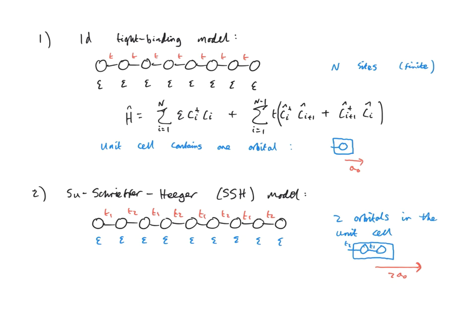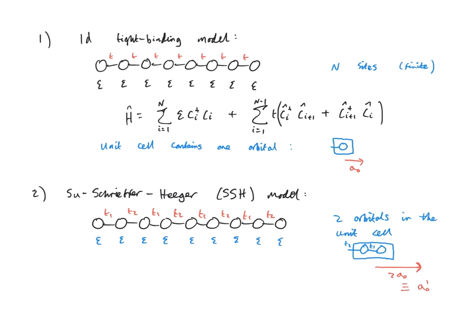This generates the entire 1D SSH model with these alternating bonds. And so actually we can write that 2a0 here is basically a new lattice constant we'll call a0 prime. It's the lattice constant for the unit cell rather than for the individual atoms.